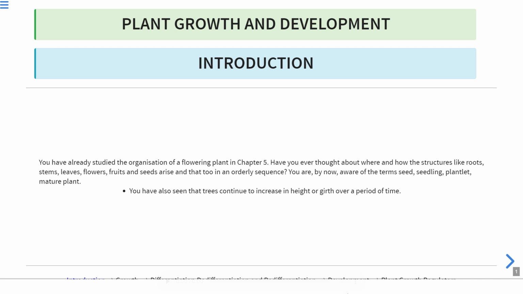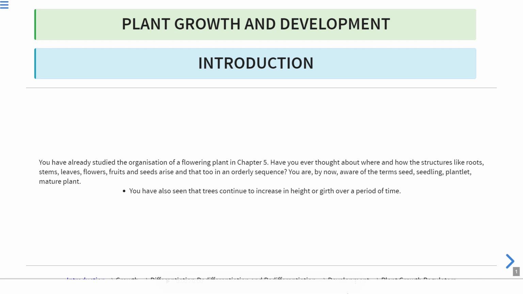This growth of the plants is well organized, right? If we see a seed germinating, the root comes out, the shoot system comes out, and the first leaves emerge from the seed.